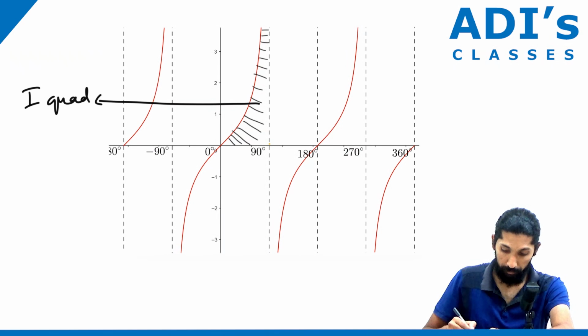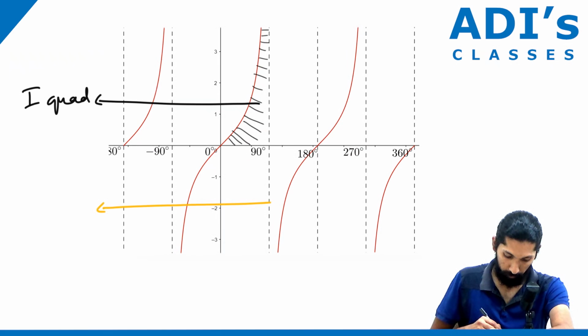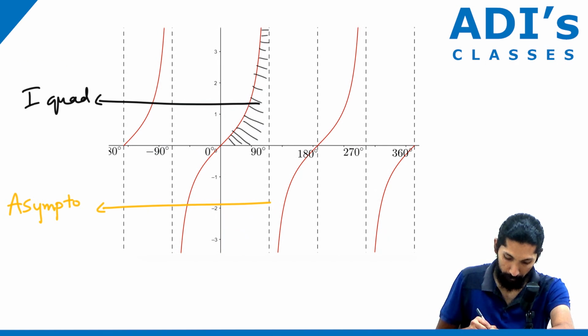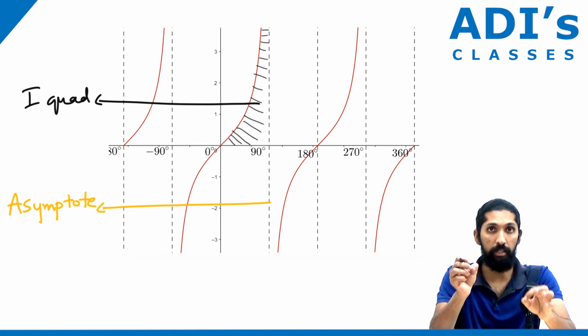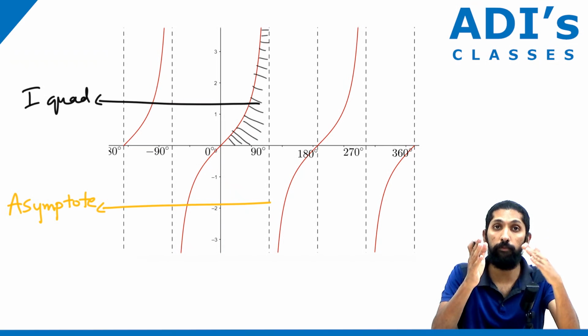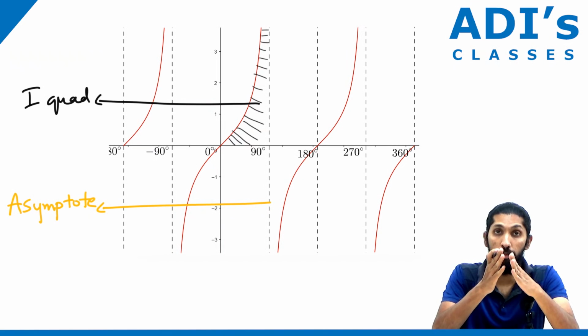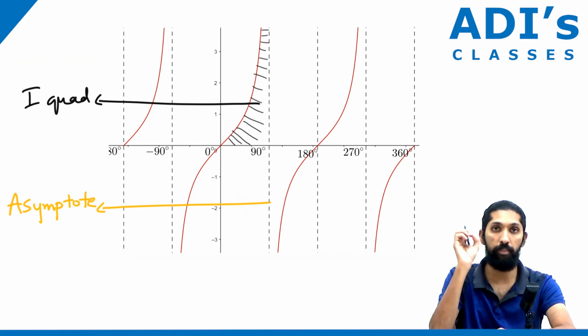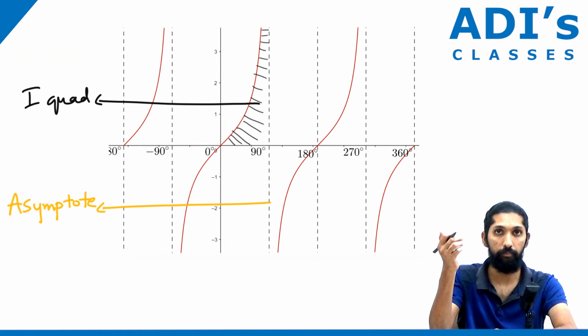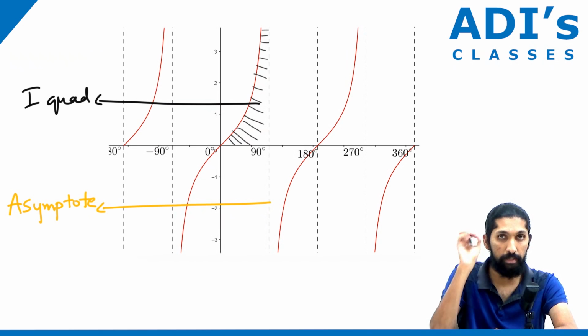This is what we call an asymptote. Asymptotes are those lines which the curve gets closer and closer to, but never touches, never meets.